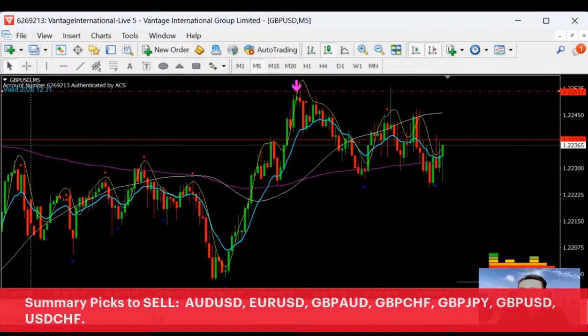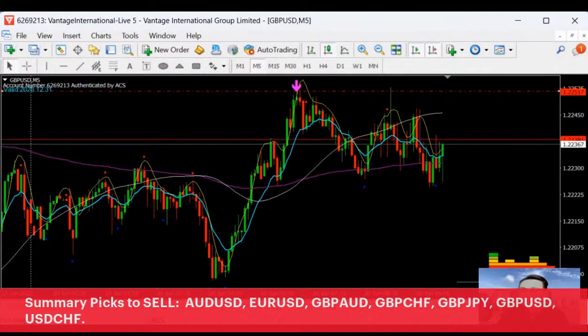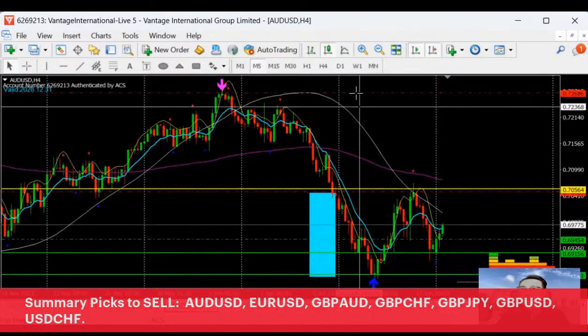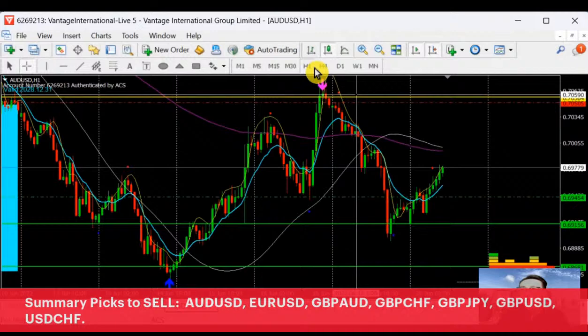Let's go back to Aussie dollar. Aussie dollar right now doesn't look good. It is now moving against the trend, against our reading over here.